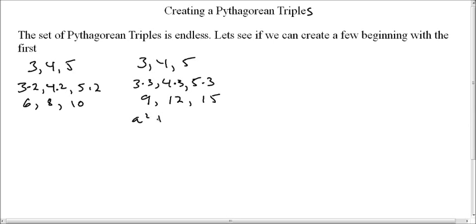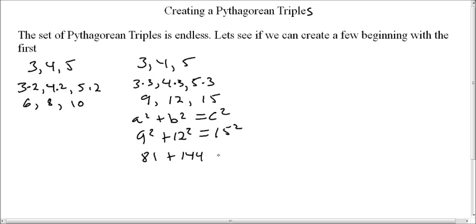So we have a squared plus b squared equals c squared, and of course that's 9 squared plus 12 squared should equal 15 squared. I'm looking at 81 plus 144 should equal 225.